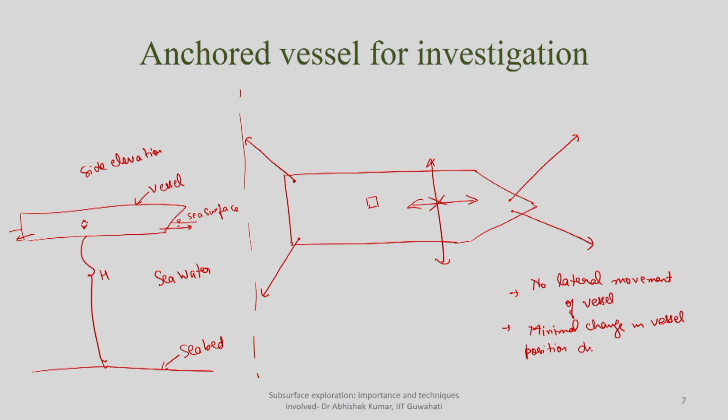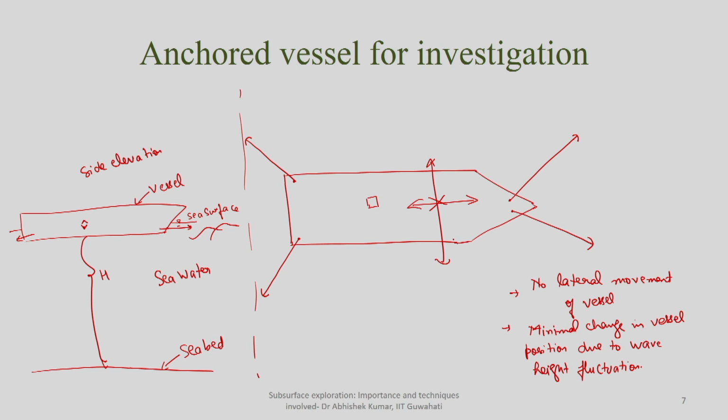Due to what? Due to wave currents, or due to waves. Because of wave height fluctuation, because it is sea, there will be some kind of waves here, which at times can create disturbance. So, it can again cause some movement of the vessel in the vertical direction.